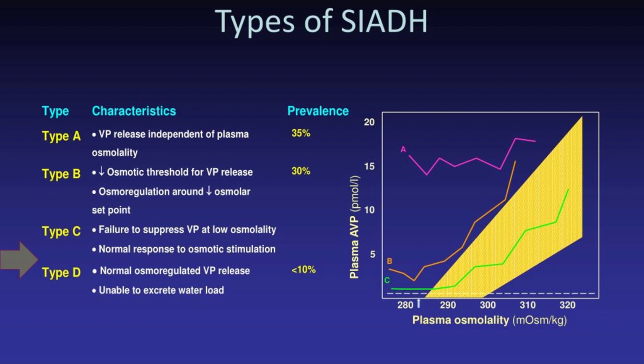Type C is the baseline plasma sodium concentration level, which is set lower than normal, in which there is failure to suppress vasopressin at low osmolality. In type D, there is normal osmoregulated vasopressin release, and there is inability to excrete water load.